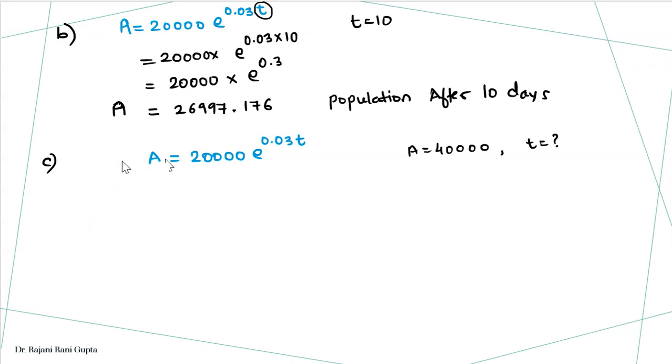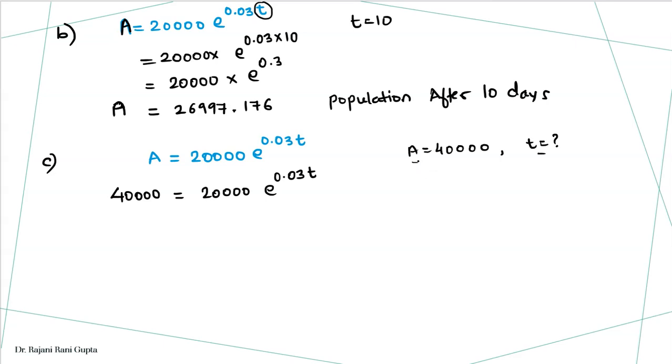We take the main equation, where A is given and we have to find t. In the previous part, the final population was A. So here, substitute 40,000 equals 20,000 e to the power 0.03t.